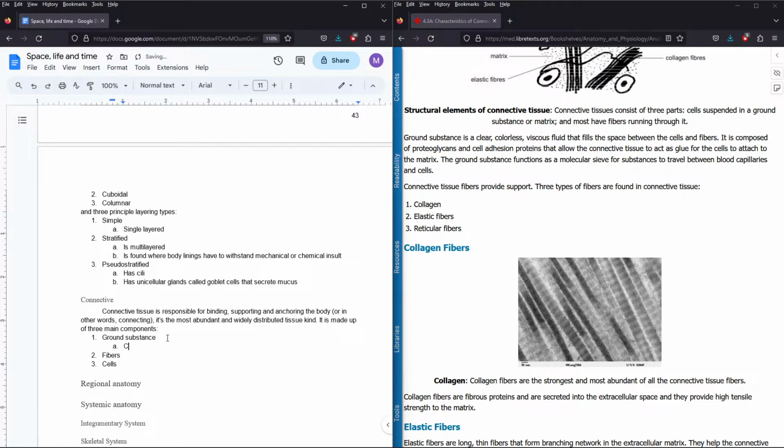It is composed of proteoglycans and cell adhesion proteins that allow the connective tissue to act as glue for the cells to attach to the matrix.